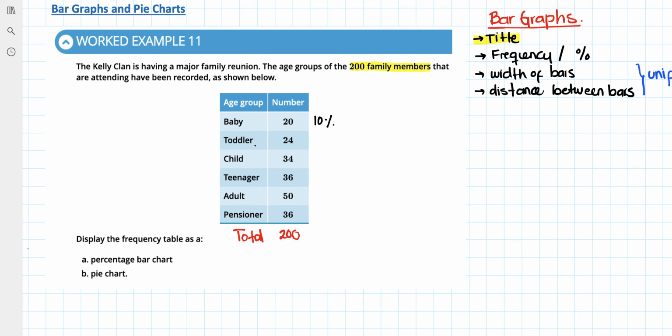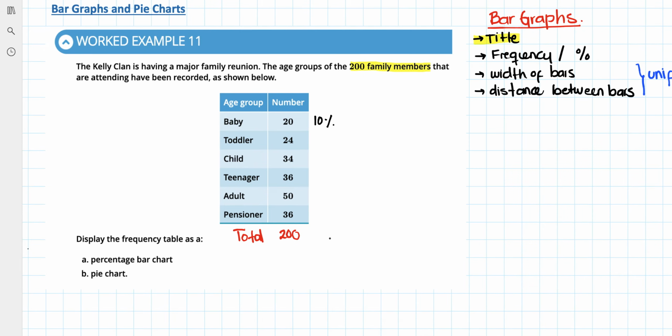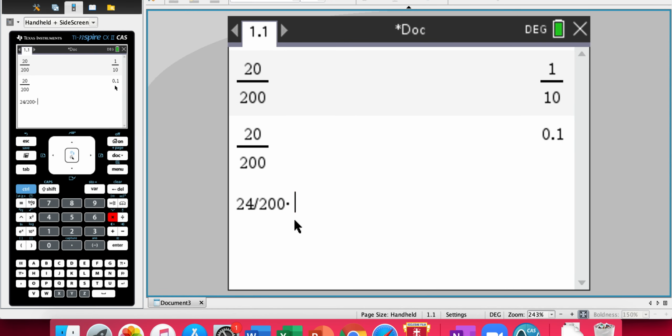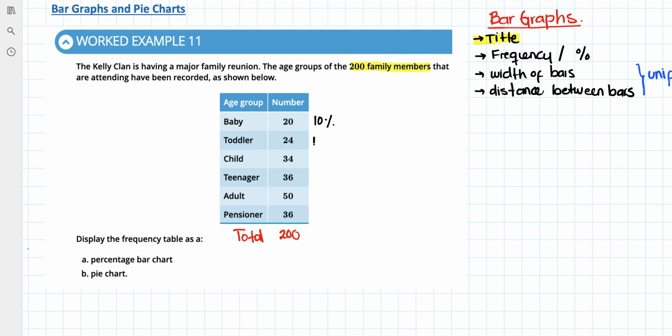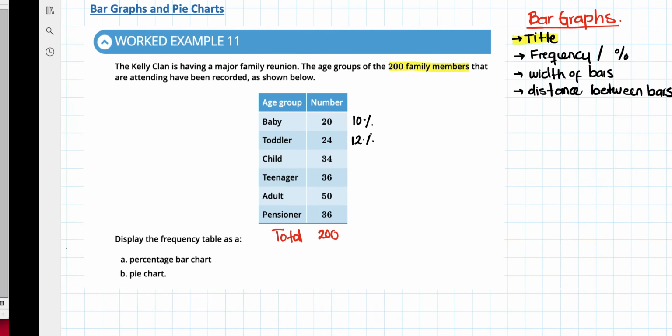So how do you calculate the percentage of toddlers? You do 24 out of 200, and then you multiply by 100. That gives you 12%. Then children, 34 divided by 200 times 100, gives you 17%.